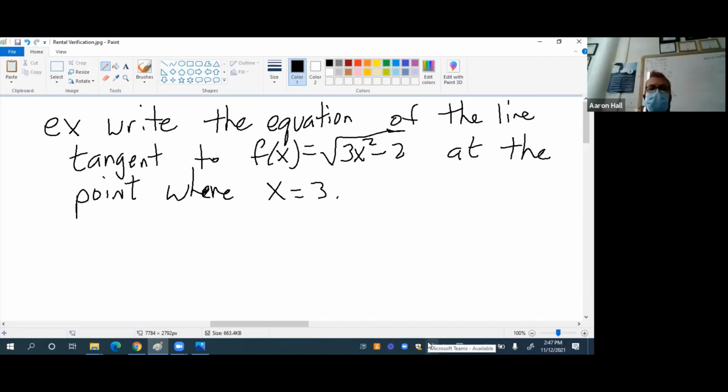Write the equation of the tangent line to f of x equals the square root of 3x squared minus 2 at the point where x equals 3.